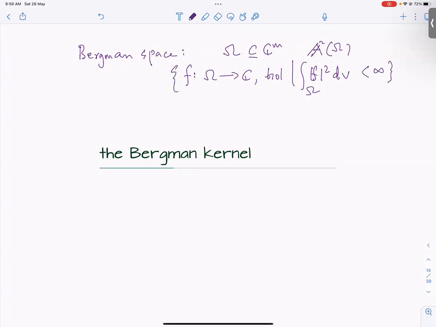This object is a Hilbert space. If you look at all these holomorphic functions which are square integrable with respect to the volume measure, this forms what one might call a Hilbert space.